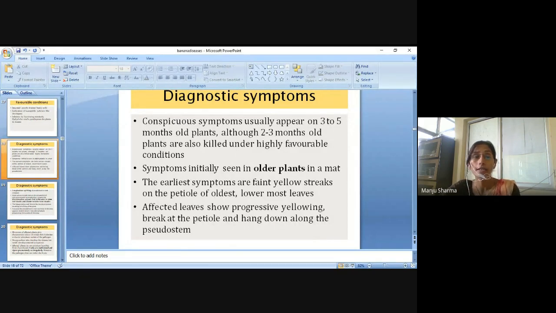under highly favorable conditions. Symptoms are initially seen in older plants.